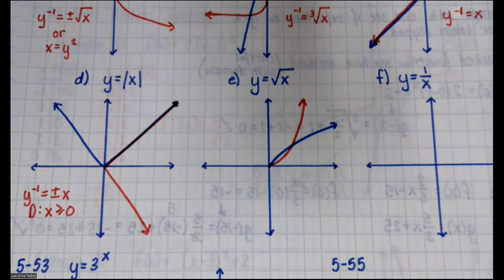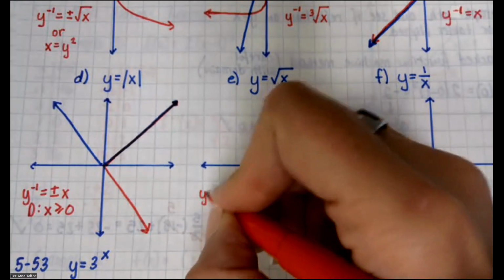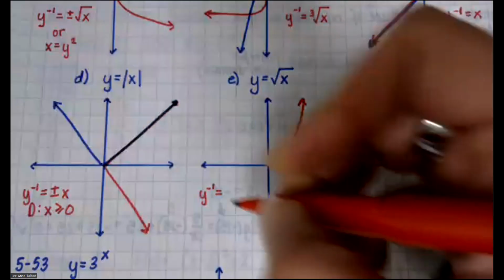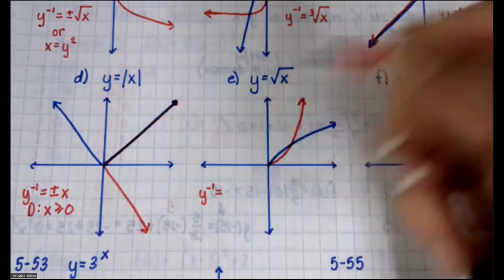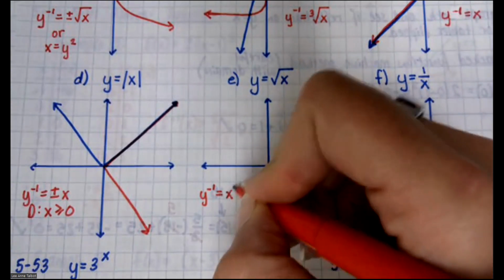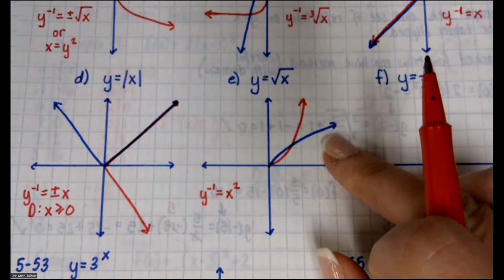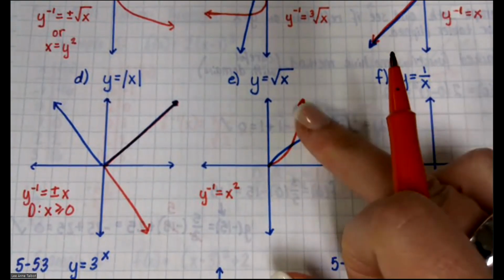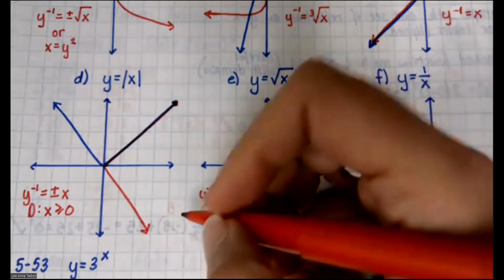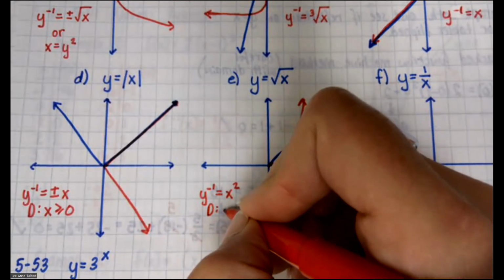So what undoes a square root? Kind of. No, you're not wrong. Hold that thought. X squared. But because you only started with half the parabola, the inverse is only going to be half the parabola. So you've got to do this thing again.